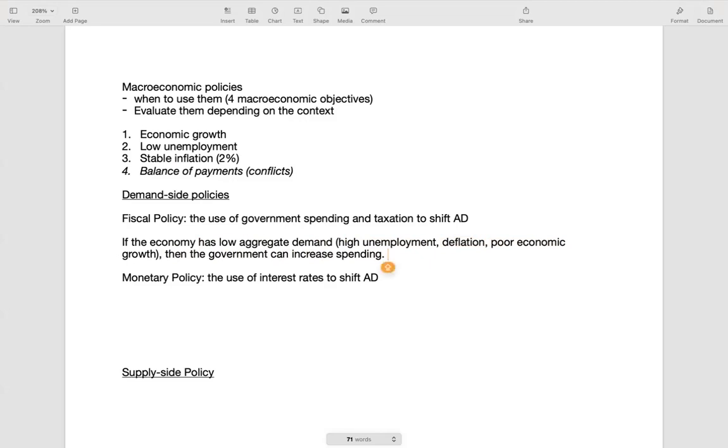This will cause AD to shift to the right.